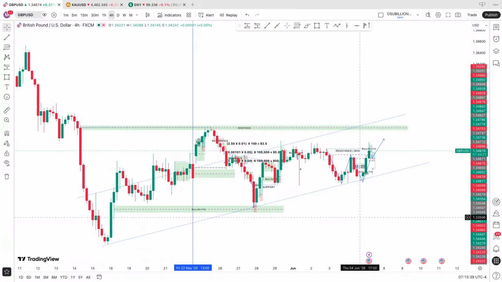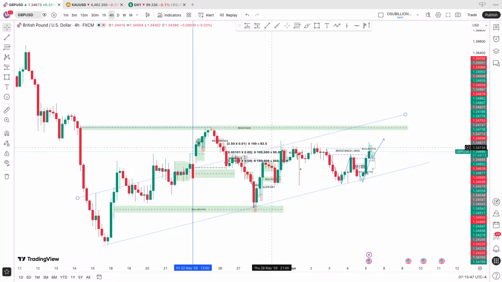Let's look at it in this way. GBP USD has actually been trading in a trend line, and based on that, we can clearly see that it is in the uptrend.